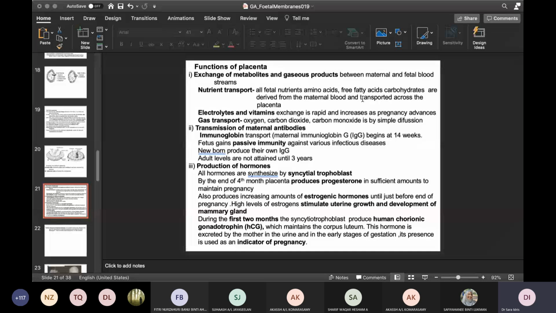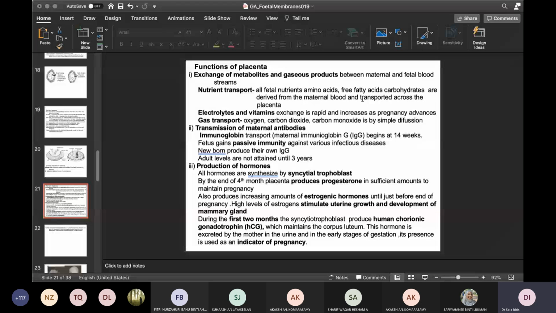At the end of the 4th month, when the corpus luteum cannot produce enough hormone itself, then the placenta will take over to produce the progesterone to ensure that the pregnancy is maintained. So first, 10 to 12 days will be from the corpus luteum producing progesterone, and then between 12 days to 4 months, it will be by the corpus luteum of pregnancy, and then after that, the placenta takes over to produce its own progesterone to maintain the pregnancy.